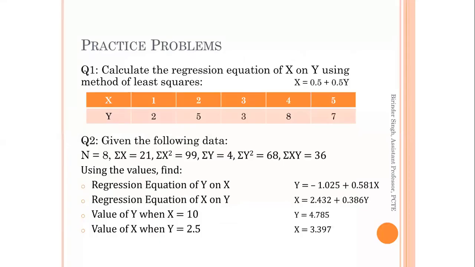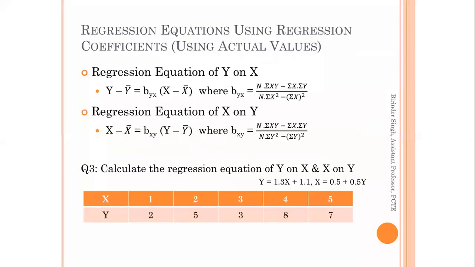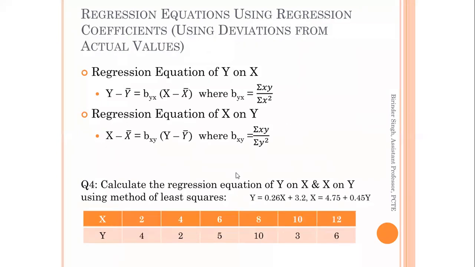These are some of the practice questions you can use. Question number 1, question number 2 are given here. Question number 3 is also given here. Hints are given here on which formula you can use. Question number 4: how to use the least square method.